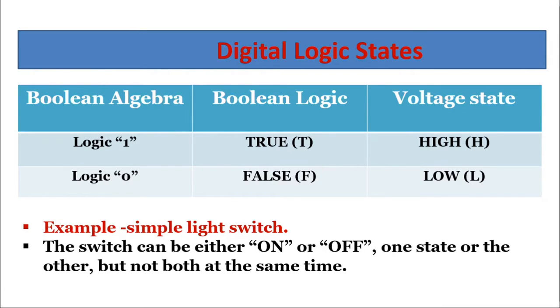These two states are represented in Boolean algebra and standard truth tables by the binary digits 1 and 0 respectively. A good example of a digital state is a simple light switch. The switch can be either on or off, one state or the other, but not both at the same time.